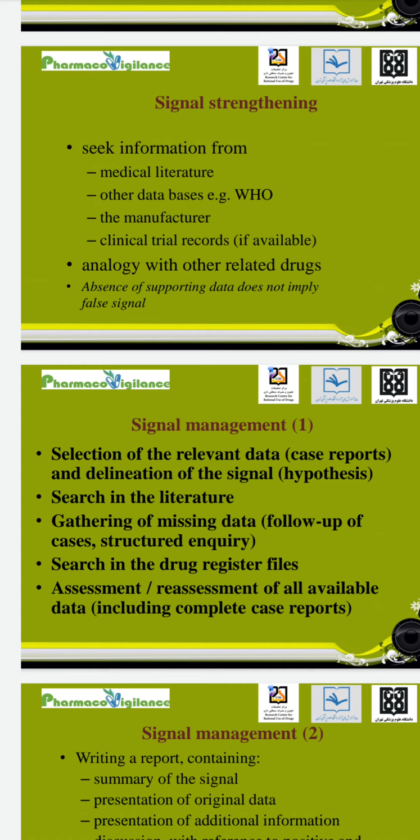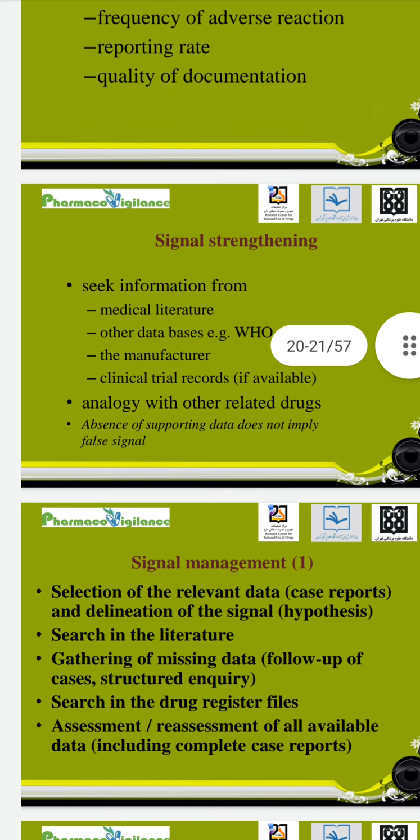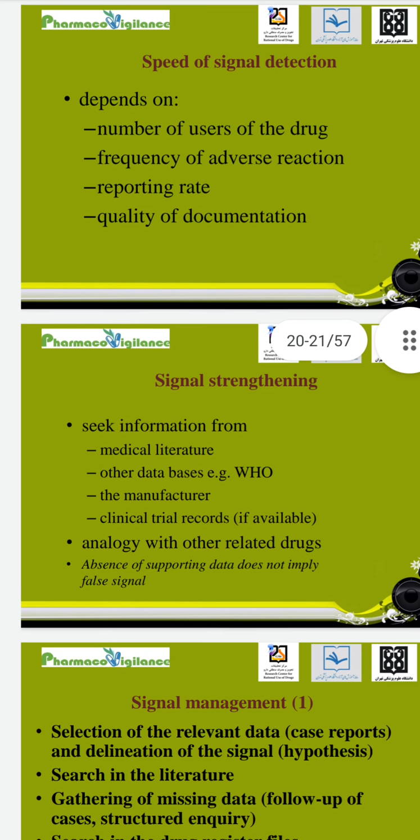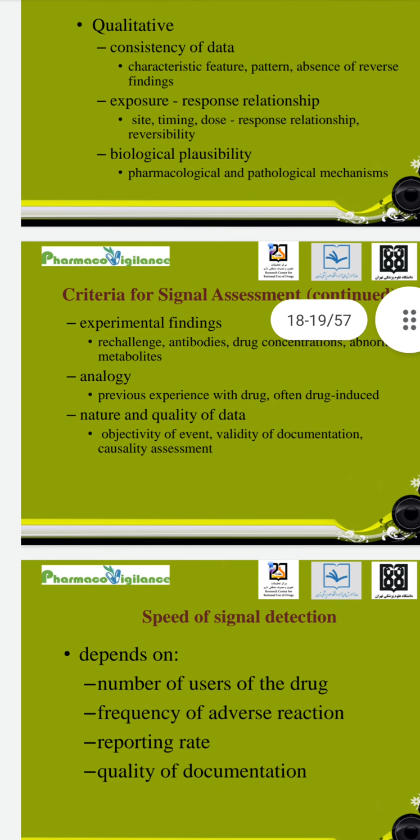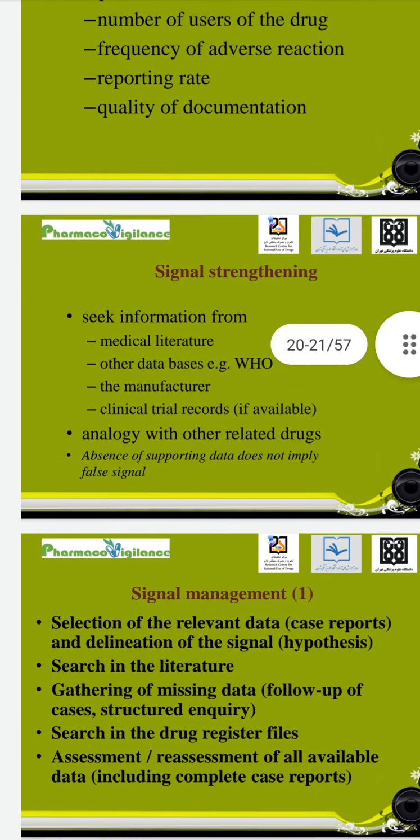Selection of the relevant data, case reports. Again, for signal strengthening, if we want to have a strong signal, we should seek information from medical literature, from databases, from the manufacturer, from clinical trial records, and from analogy, which means previous experience with the drug and often drug induced.